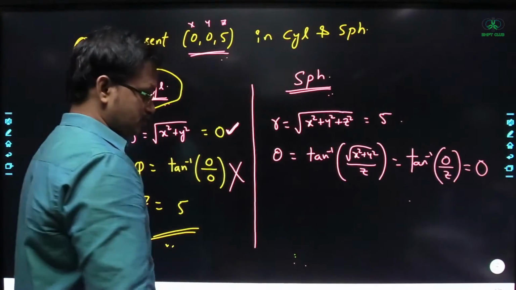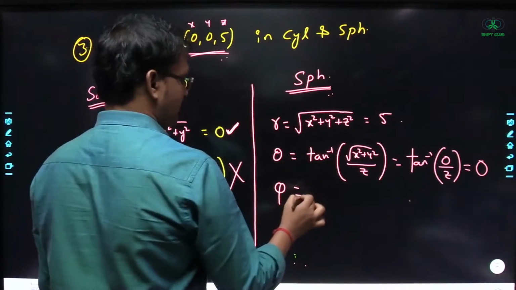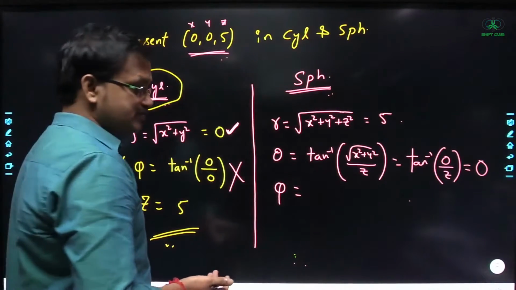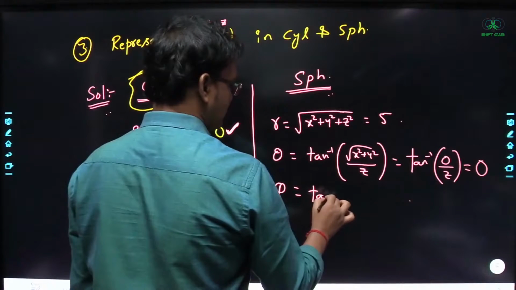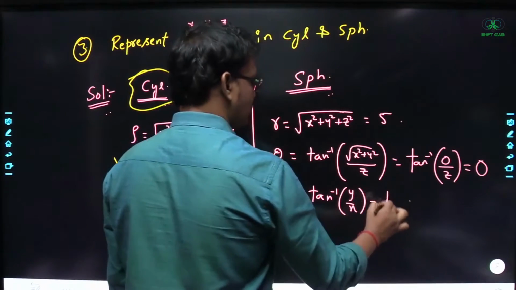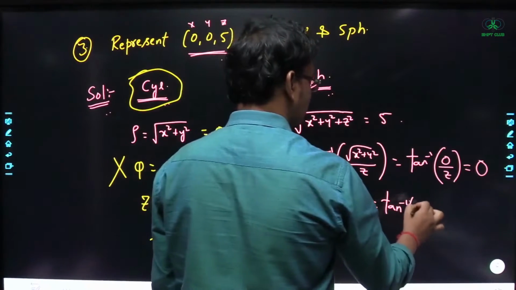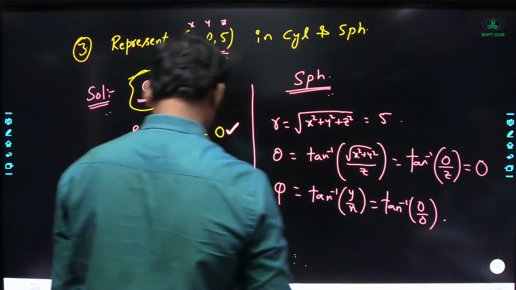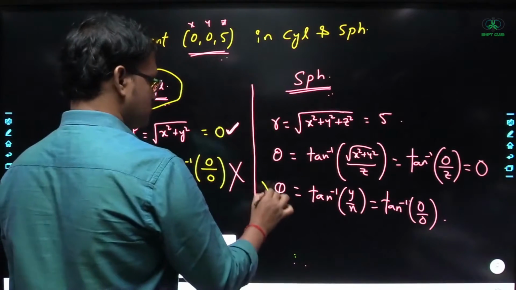Theta equals 0. Next, phi is the same as in the cylindrical coordinate system, so phi is equal to tan inverse of y by x. Here also we get tan inverse of 0 by 0, which means phi is not defined.